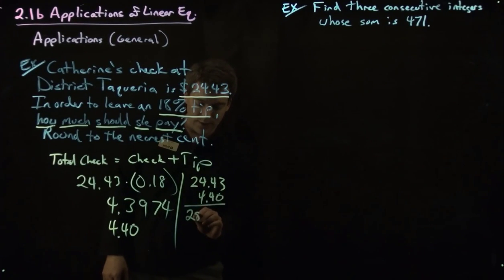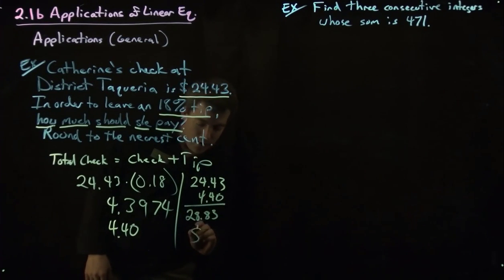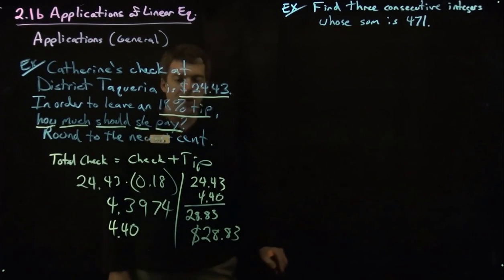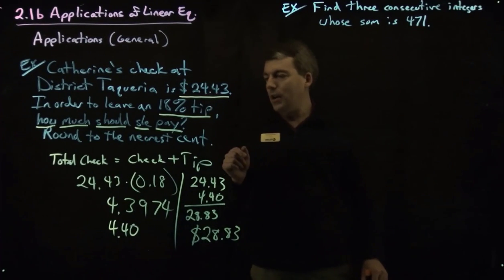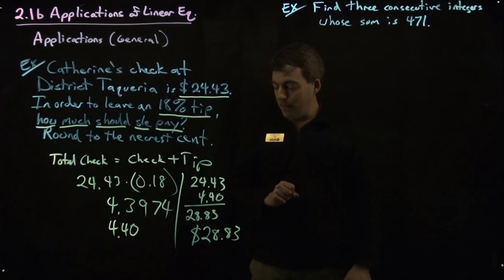That's $28.83. Okay, so Catherine should pay $28.83 to cover her $24.43 check with an 18% tip.